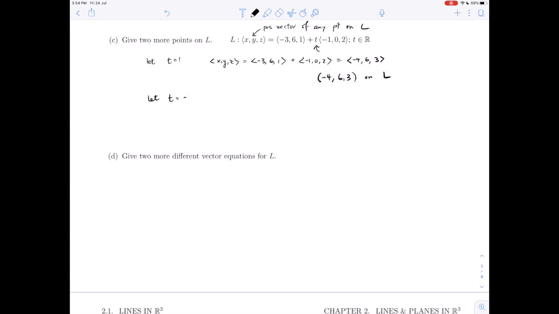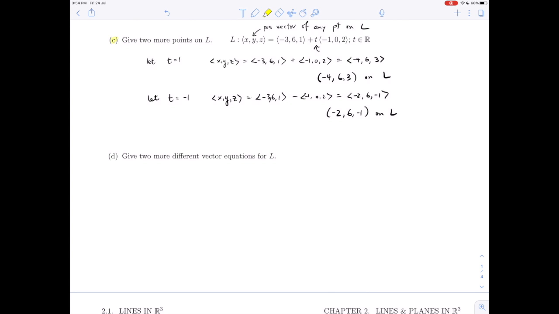So let's choose t equals minus 1. Any choice of t will give you a point on L. So if I put in minus 1 here, I'm going to get minus 1, 0, 2. So now I'm subtracting, so I'm going to get minus 2, 6, and minus 1 as the position vector. So minus 2, 6, minus 1 as a point is on L.